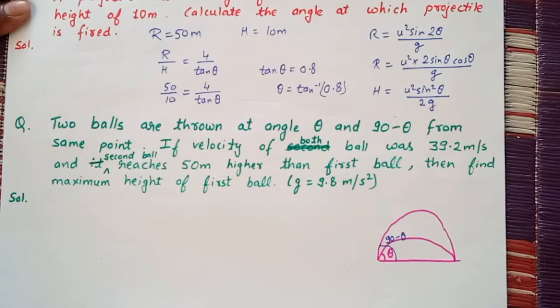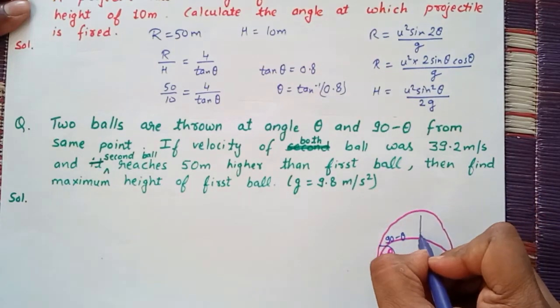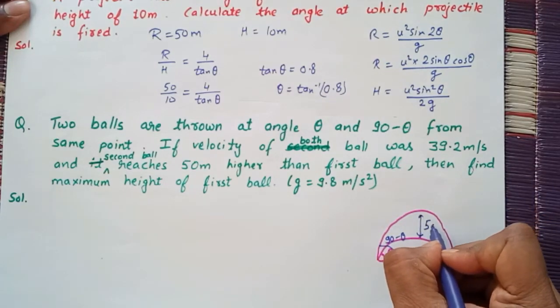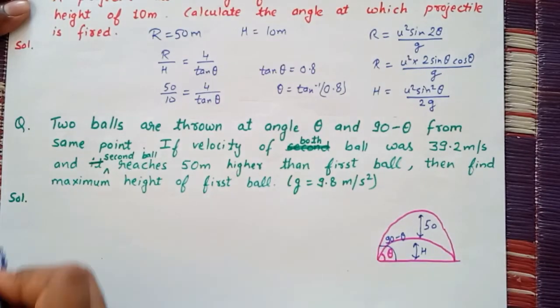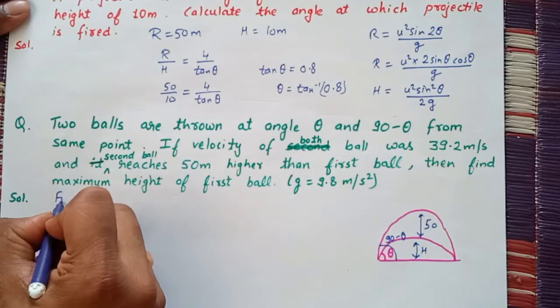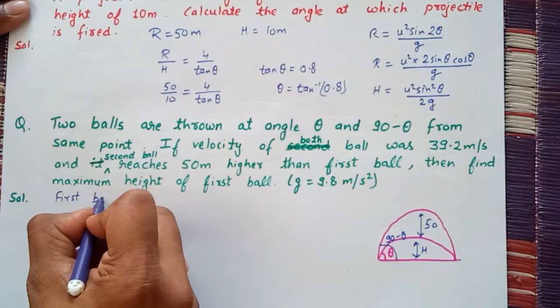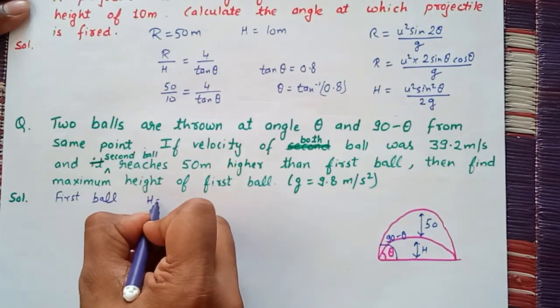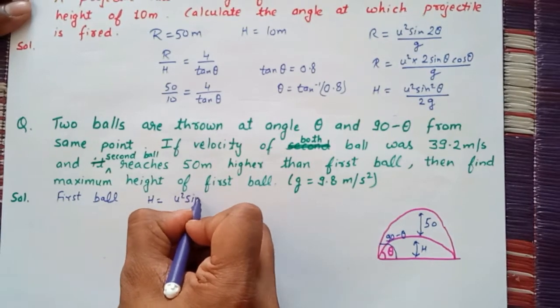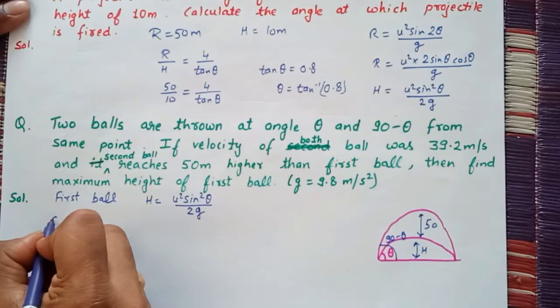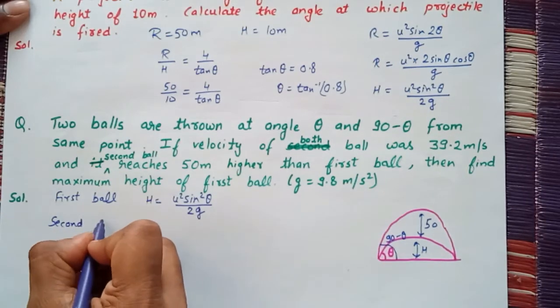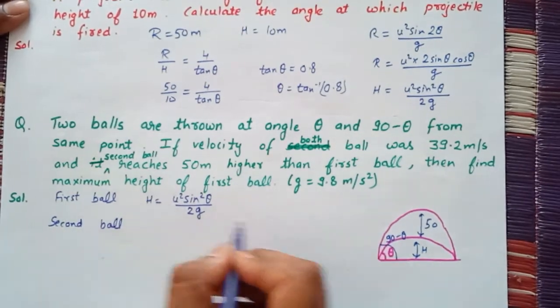If the velocity of both balls was 39.2 meter per second and the second ball reaches 50 meter higher, meaning this distance is given, 50, and we have to find this distance, that is h. Okay, so for the first ball I can write it as h is equal to u square sine square theta upon 2g, and for the second ball I can write what is the height for the second ball.